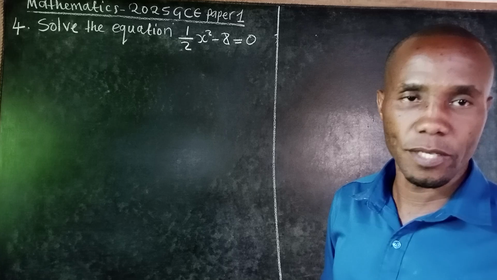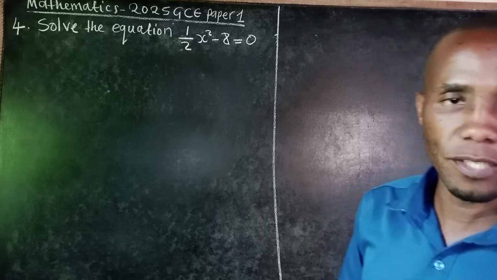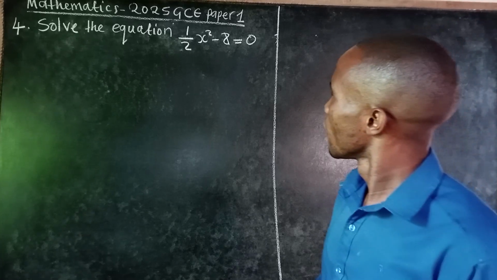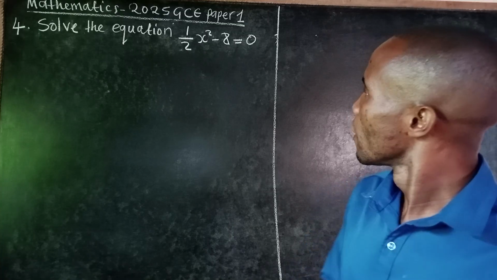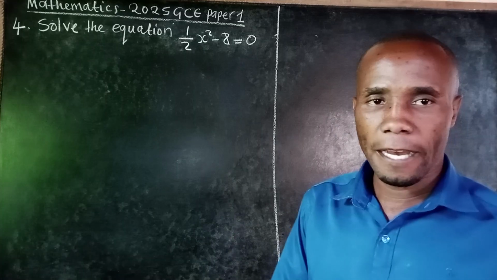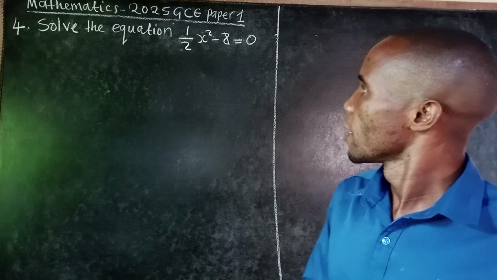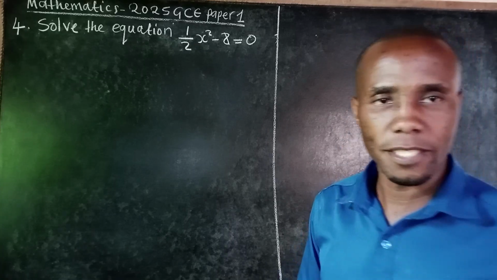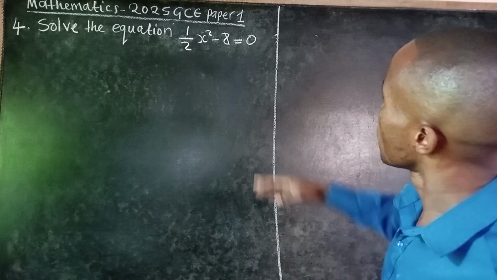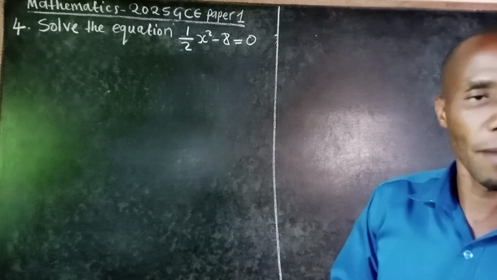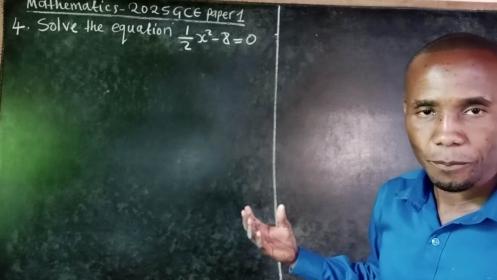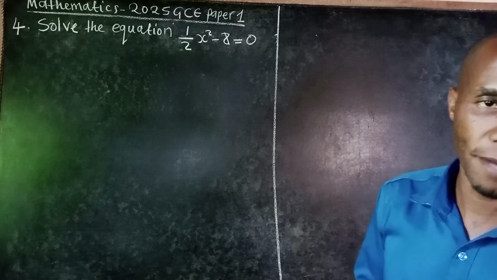That is an equation. Remember, we have got different types of equation. We have exponential equation, linear equation, quadratic equation, a lot of them to mention but a few. Okay, so now this type of equation among those that I've mentioned is which one? So it's very important to identify that.